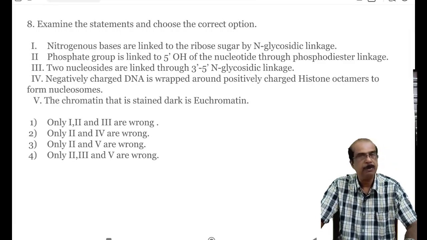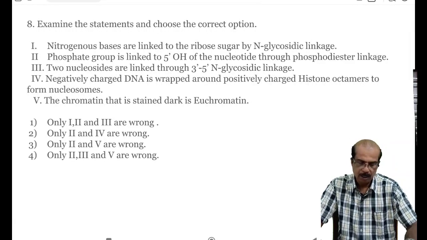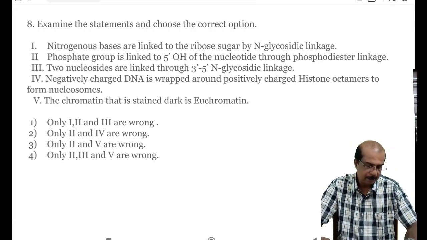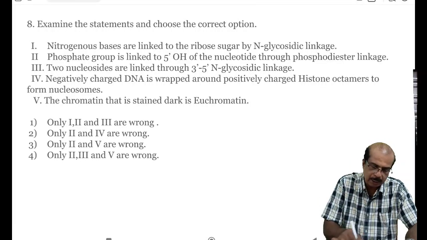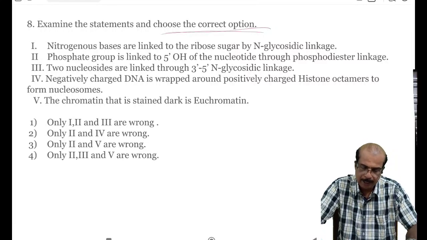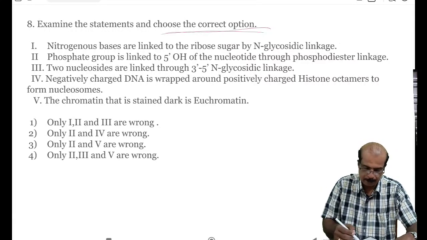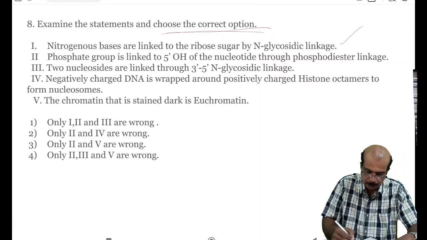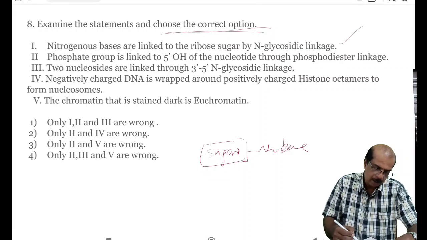Five statements are given. Clearly read the statements and find out which is the correct option from the following. Nitrogenous bases are linked to the ribose sugar by N-glycosidic linkage. It's correct. Sugar, nitrogen base, then here 3 prime, 5 prime.